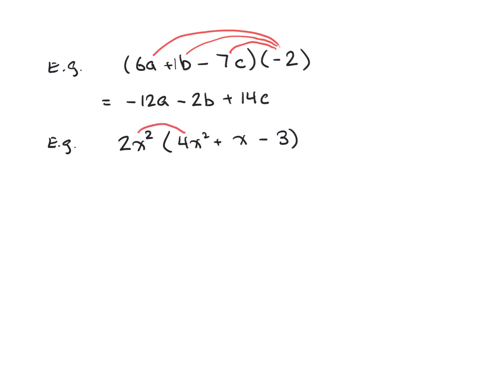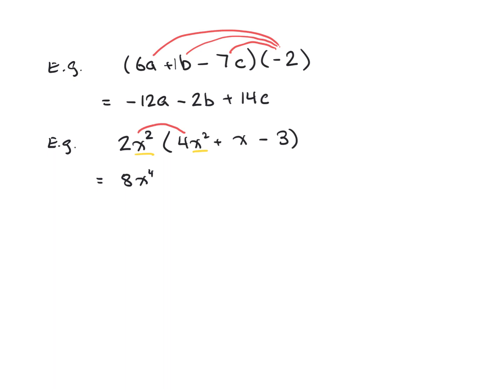So 2x squared times 4x squared. So we have to go back to multiplying monomials. So first we do 2 times 4 to give us 8. And then we think about what's x squared times x squared. Okay, so I'll underline that, x squared times x squared. And you have to remember that makes x to the 4th.